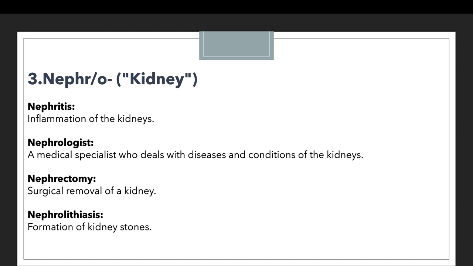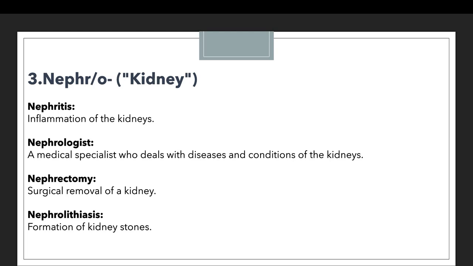For example, nephritis. What is nephritis? Inflammation of the kidney. If there is an inflammation of the kidney, then this thing we will denote with the help of nephritis. Now if you look at the second example, which is nephrologist. Who is a nephrologist? A nephrologist is a medical specialist who deals with the diseases and conditions of the kidney.